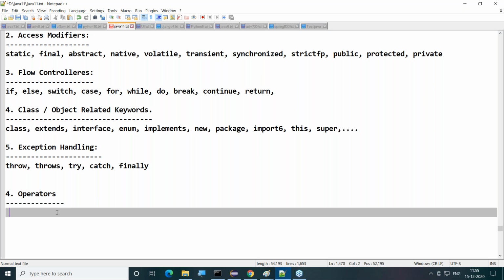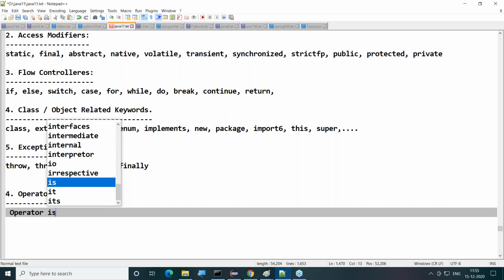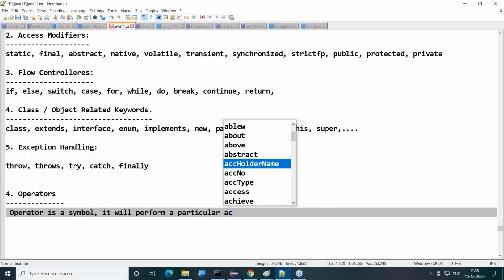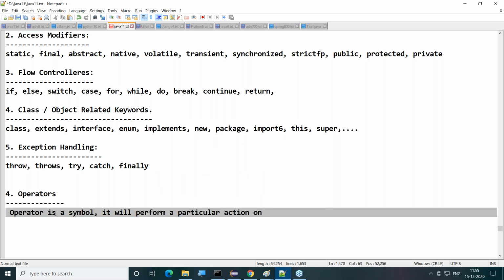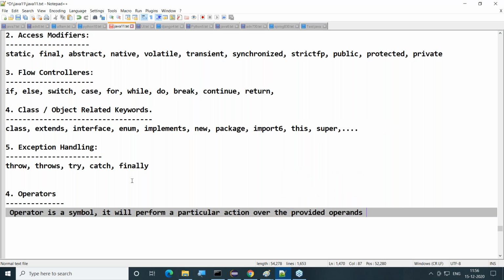Right, sir. Good. The point is operator. What is this operator actually? Operator is a symbol. It will perform a particular action over the provided operands.